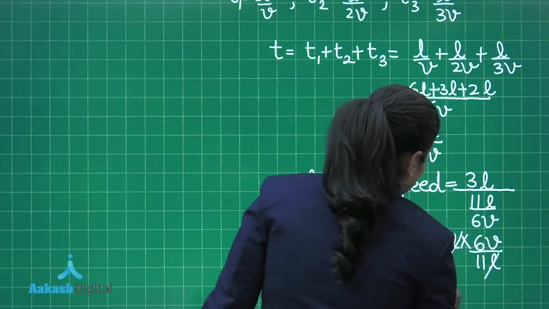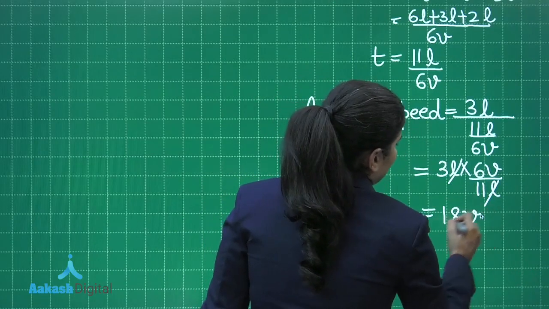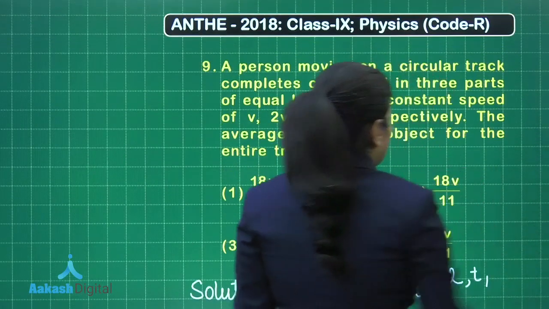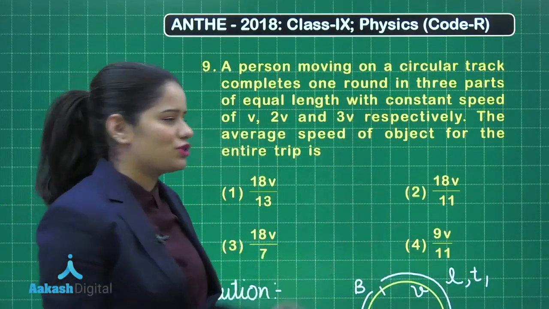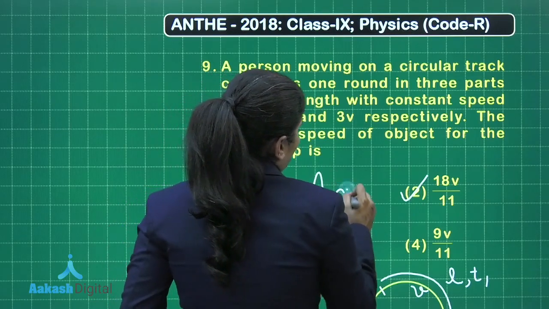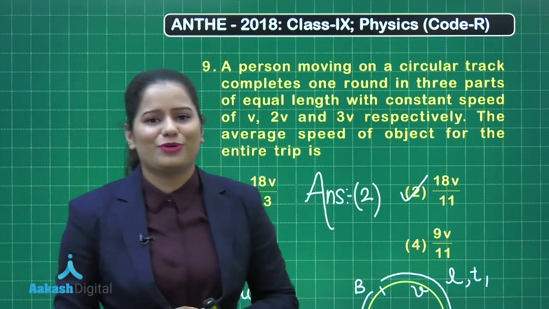This L and L get cancelled out with each other, and we will simply get it to be 18v by 11. So if you have a closer look at the options, you can simply see here that option number 2 is the correct option. So I can write here that answer of this particular question is option number 2. I hope this is quite clear to you. Now let's quickly move on to the next one.